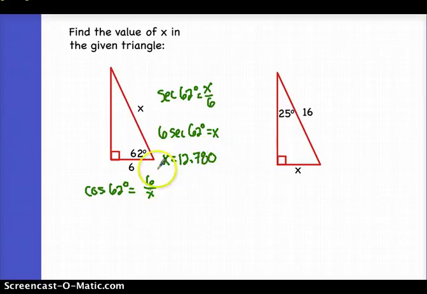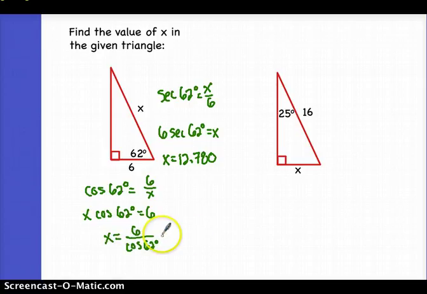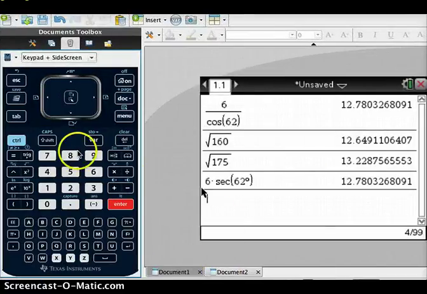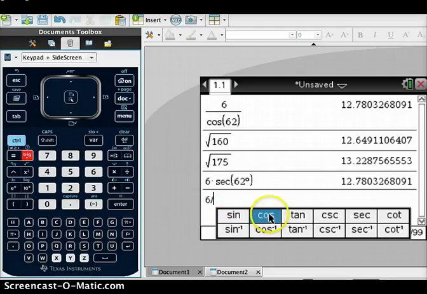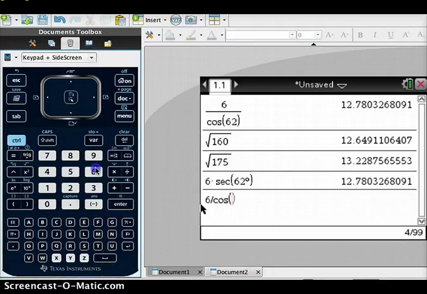Now, another way to solve it was using our cosine down here. We would just multiply our x over to this side. Think similar to rational functions. And then cosine of 62 is just a number, so we can divide that over the other side. And if you type that carefully into your calculator, 6 divided by the cosine, so again the trig button, cosine of 62.